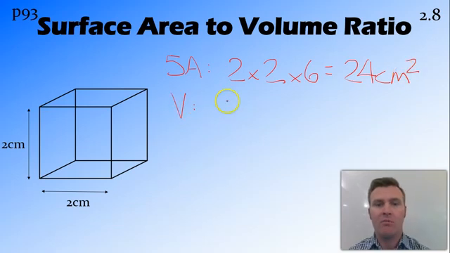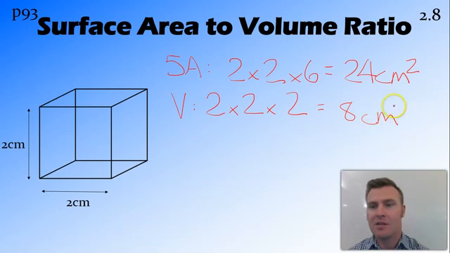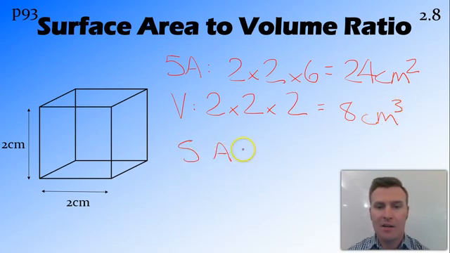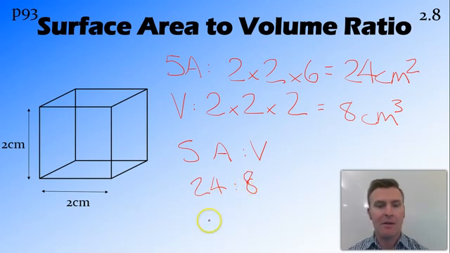To work out the volume, we times the height, 2, times the length times the width, giving us 8 centimeters cubed, making our surface area to volume ratio 24 to 8. Or we can simplify that into 3 to 1.